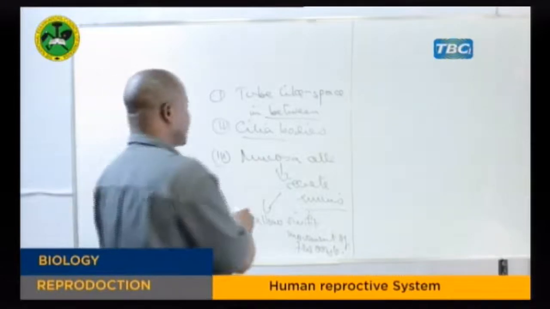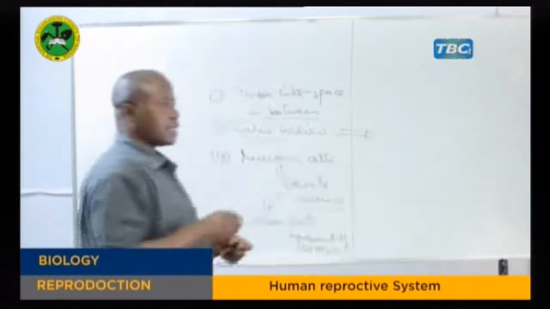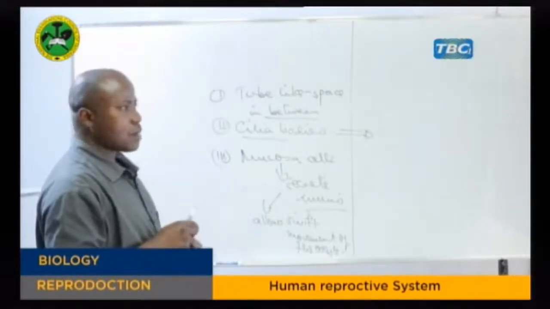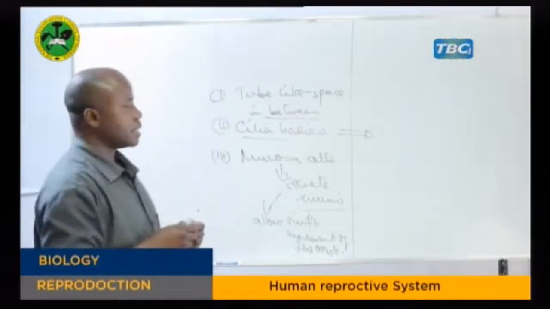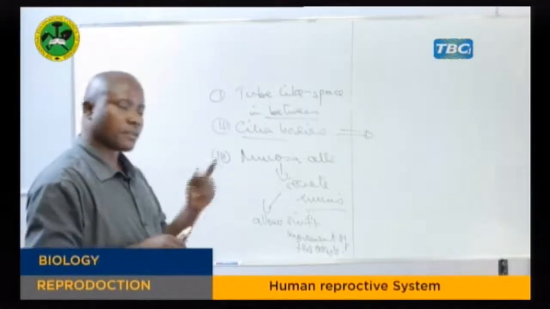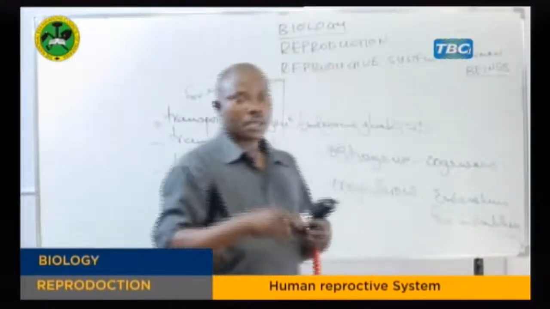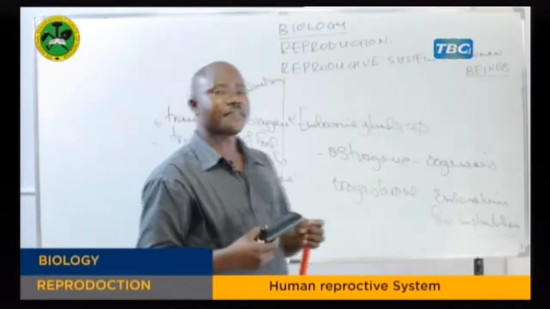Coming to ciliary bodies, their beating action allows the oocyte to be pushed forward in the course of its journey from the ovary to the uterus.